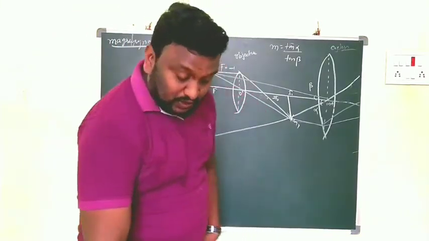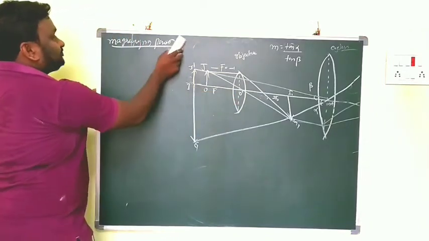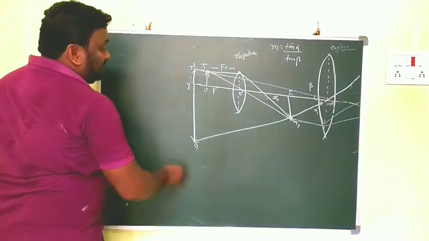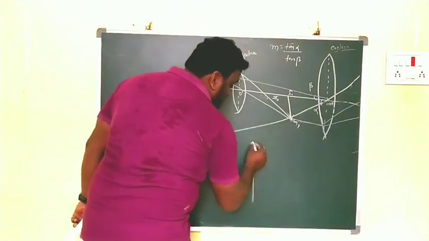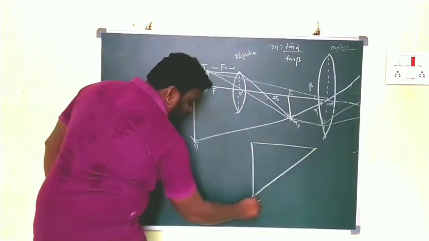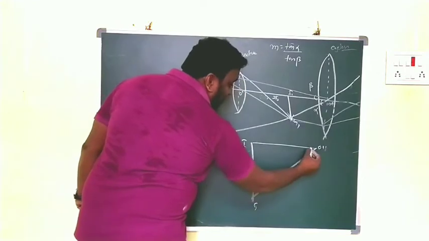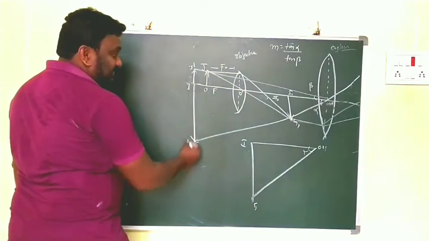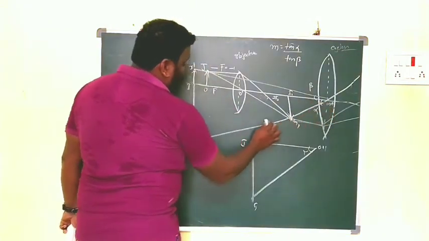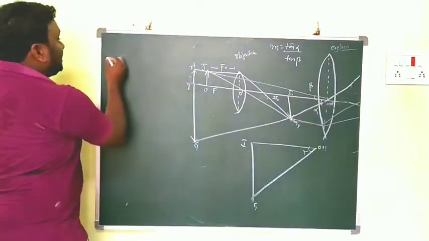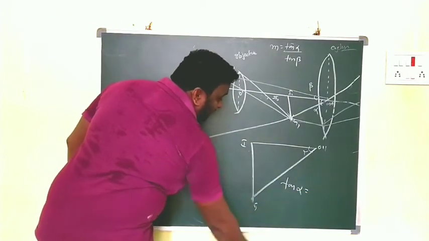Okay children, so now we go for tan alpha. For that I am taking the triangle IG O double dash. Carefully, the angle is alpha. Clear children? So from that, tan alpha is IG by I O double dash.